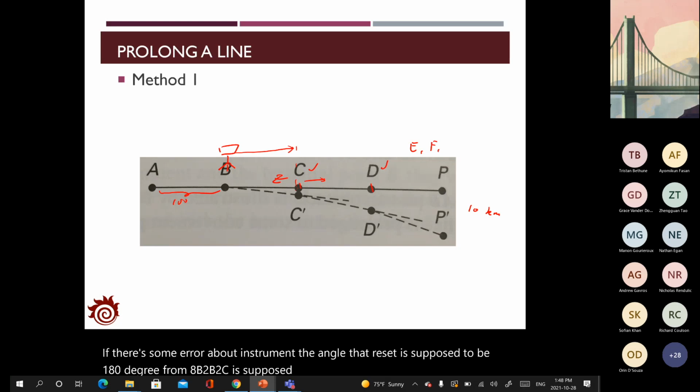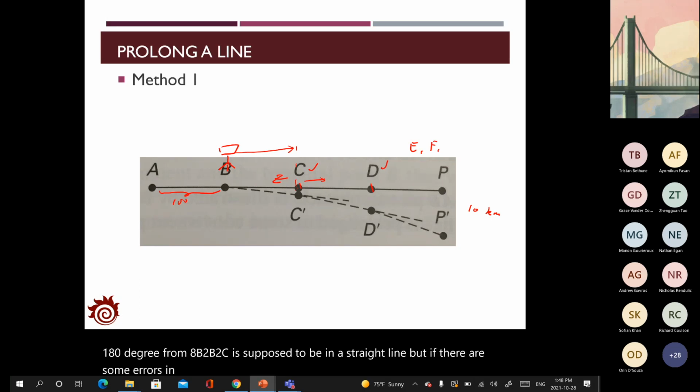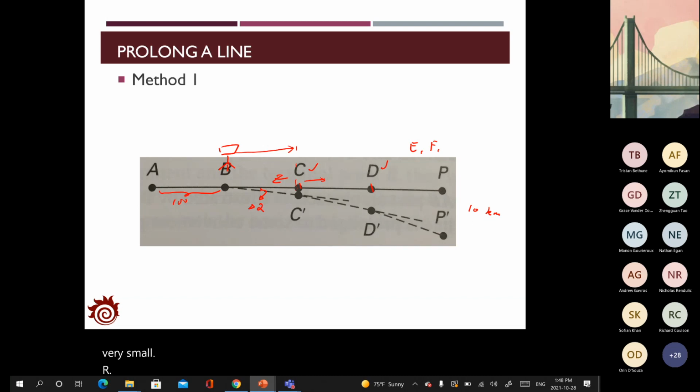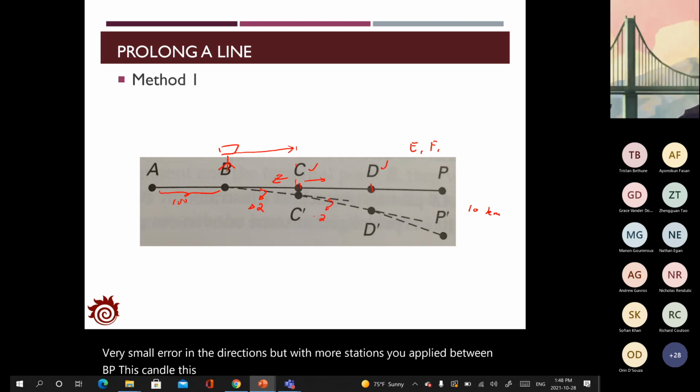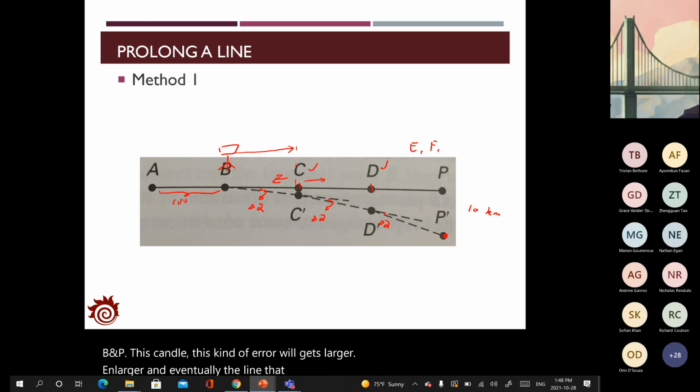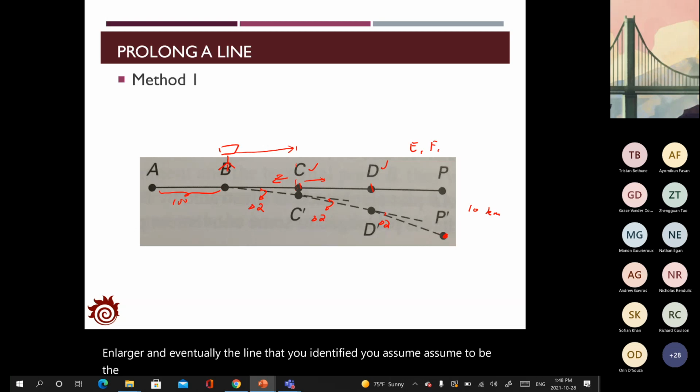But if there are some errors in the instrument, then you may find a very small error in the directions. But with more stations applied between B and P, this kind of error will get larger and larger, and eventually the line that you identified, which you assume to be in the straight line of A to B, is not actually in the straight line.